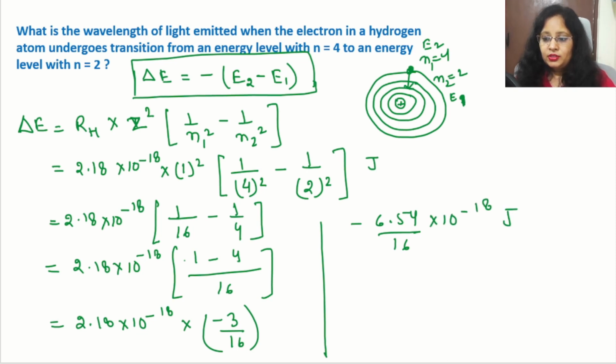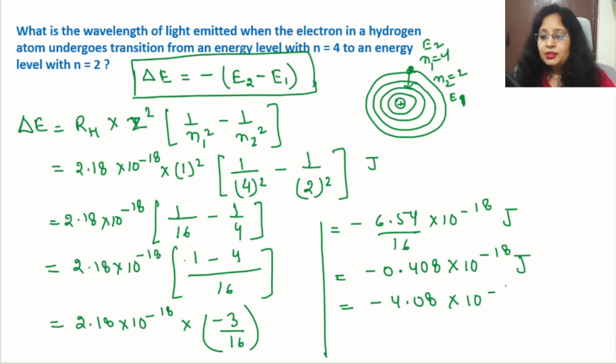Now do the division. We will get the value minus 0.408 into 10 to the power minus 18 joule. Or in the more appropriate sense, we can write, shifting the decimal rightwards, minus 4.08 into 10 to the power minus 19.